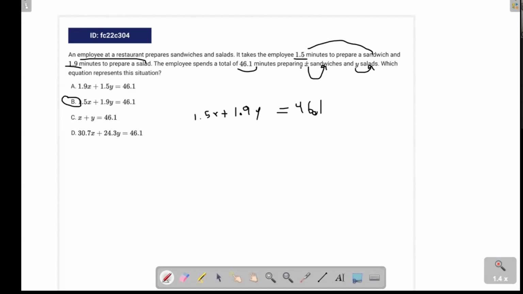So you're relating the proper symbol for sandwich and salad to the proper time. The 1.5 minutes per sandwich is going to relate to 1.5x. The order does matter because you're spending a certain amount of time for X sandwiches and a certain amount of time for Y salads, which is why it needs to be related in this way.